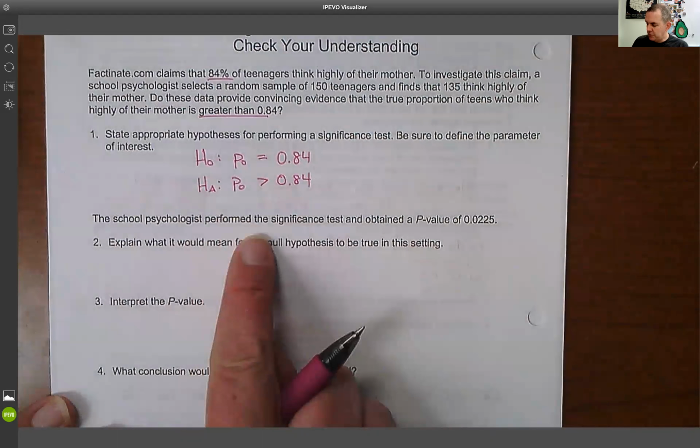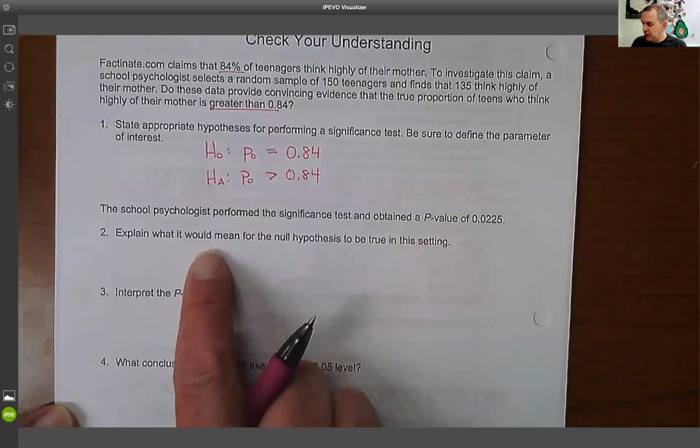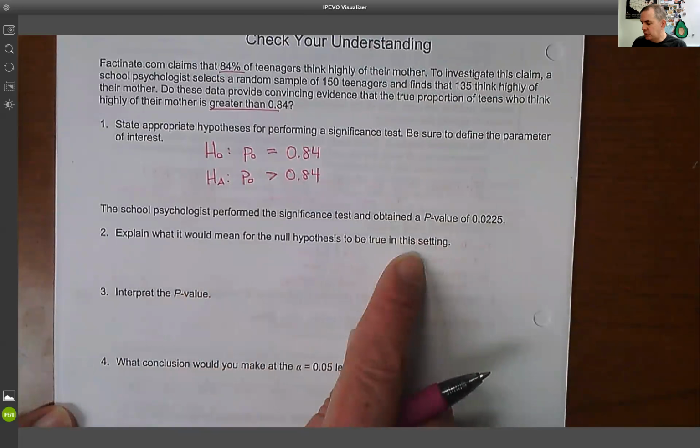The school psychologist performed the significance test and obtained a p-value of 0.02225. Explain what it would mean for the null hypothesis to be true in this setting.